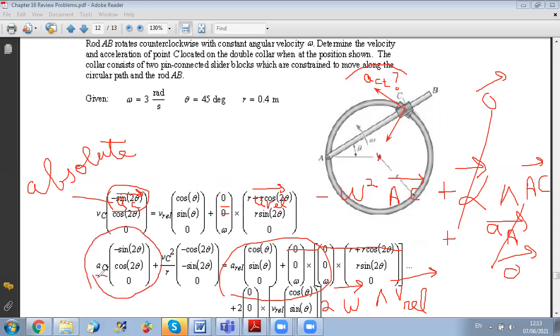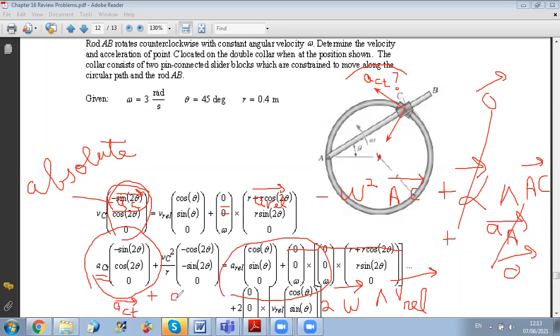So it's AC tangential times minus sine 2 theta, cosine 2 theta, 0, like the unit vector of the velocity. Now if VC and AC tangential are opposite, then AC tangential will come out negative. So we cannot know before doing the solution. Okay? Plus, so this is the AC tangential vector. We should add to it AC normal.